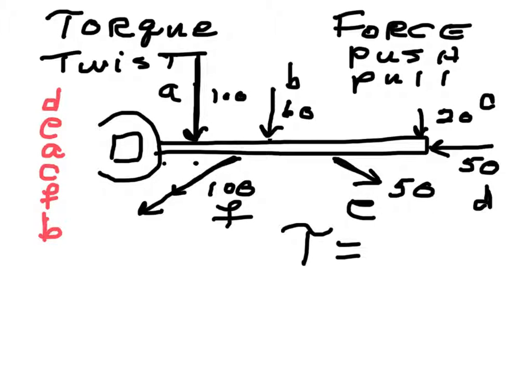Also, if there's an angle, like here's a force of 100, same magnitude as this one, but it's at an angle. Well, I don't know that angle, but I can see that this force F has a perpendicular component and a parallel component.